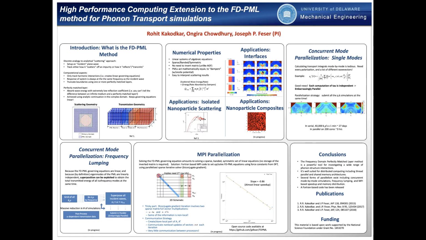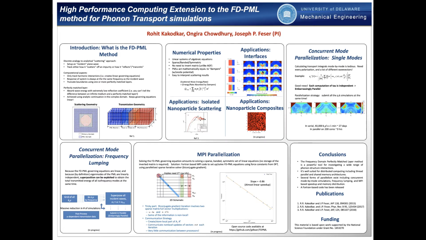You prepare some sort of incident set of plane waves, one or more, and then you track how it interacts with the impurity. So either how it scatters off in all directions, or perhaps how it reflects or transmits across it if it's an interface.